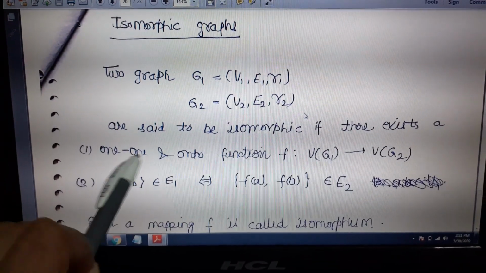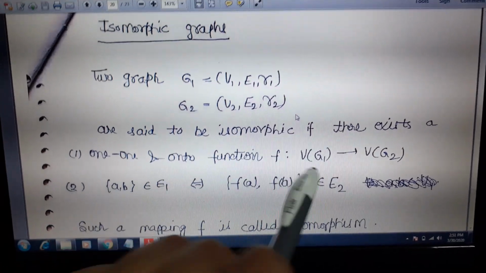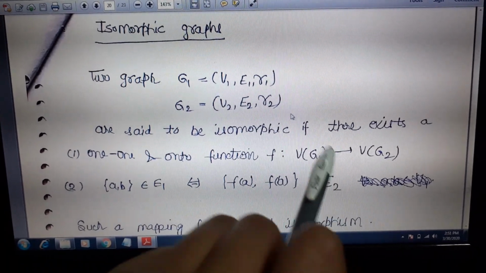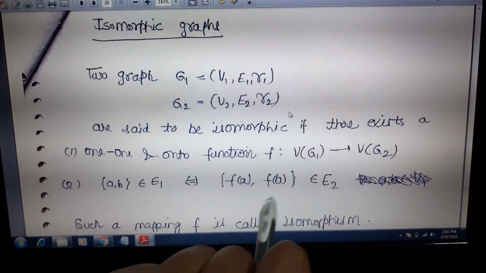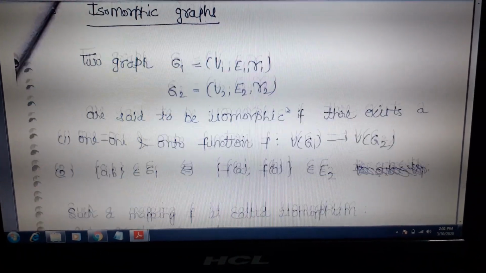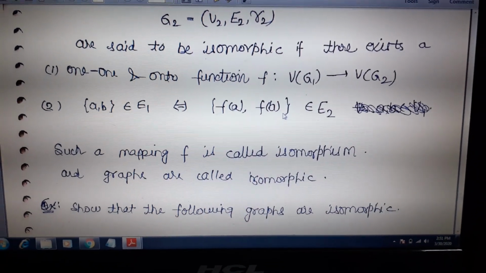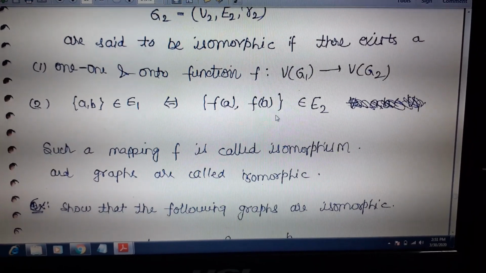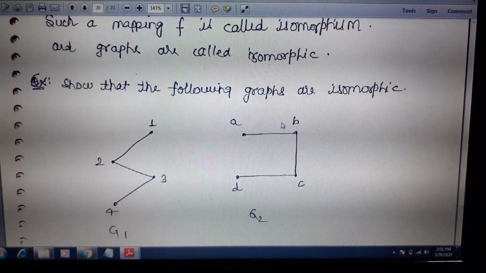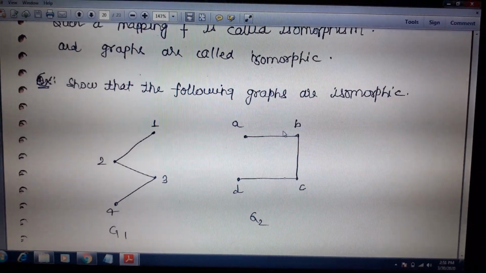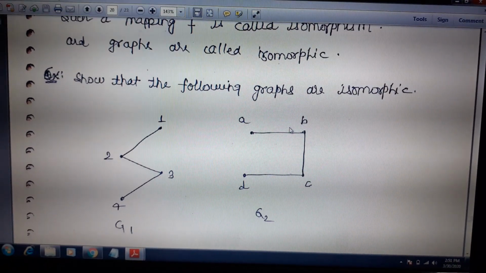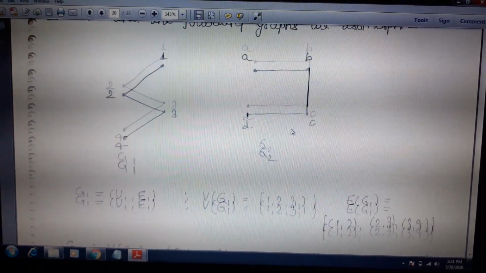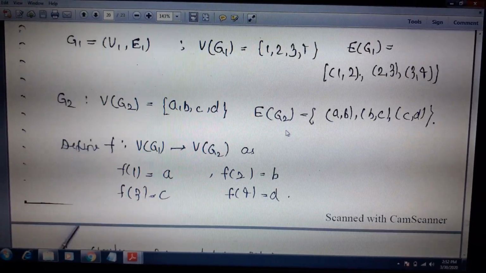And for all edges in graph 1, their images are edges in graph 2. Whenever you verify both conditions, this mapping f is called an isomorphism and the graphs are called isomorphic. Another example: these are the graphs given to you. You have to prove that these graphs are isomorphic. Step number 1, you have to draw one graph in the form of another graph.